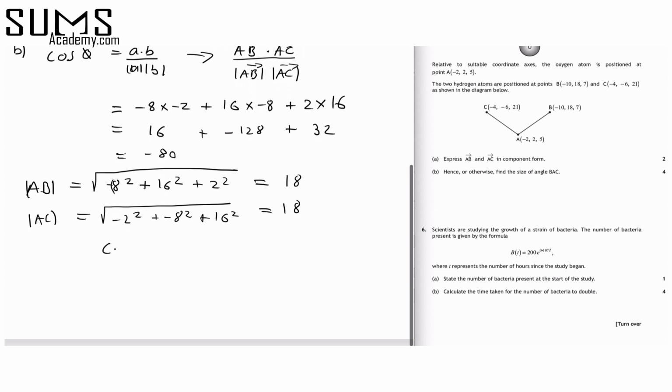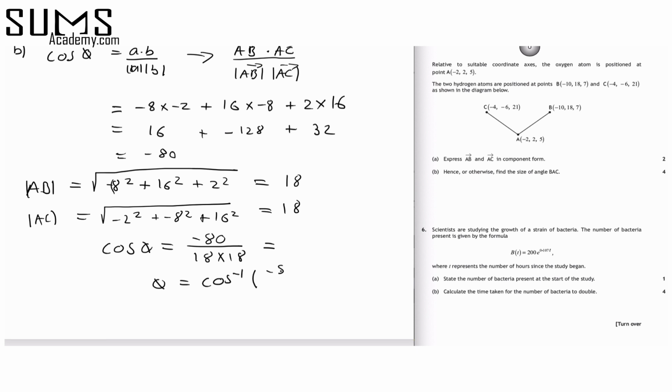So we have cos theta is equal to minus 80 all over 18 times 18, which is going to be equal to, well, we'll just write this in our calculator. So theta is going to be the inverse cos of minus 80 over 18 squared.